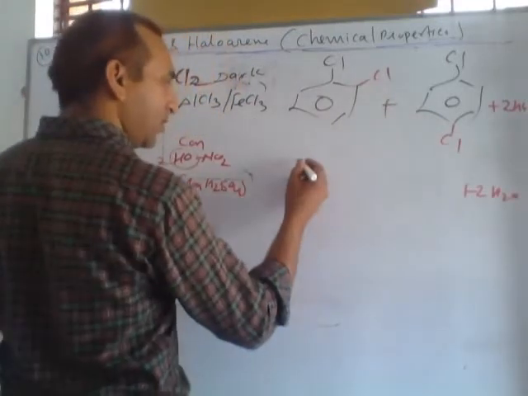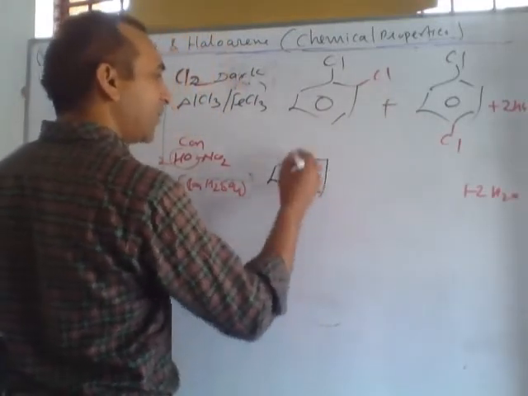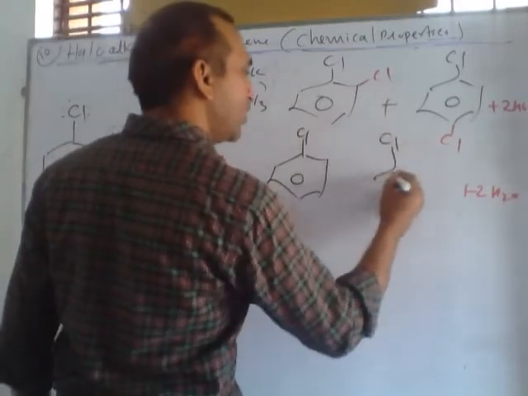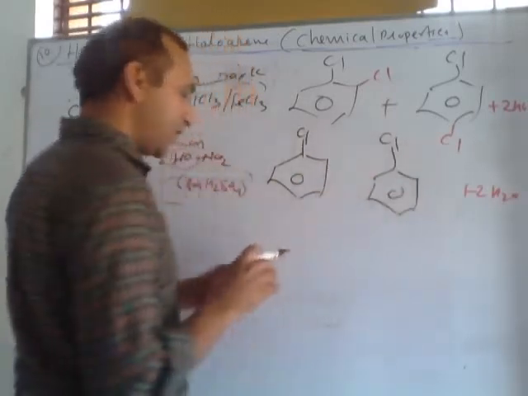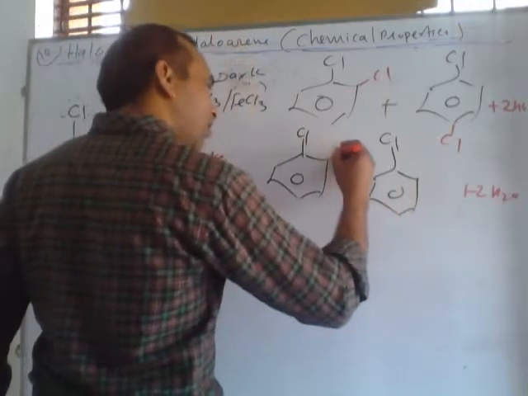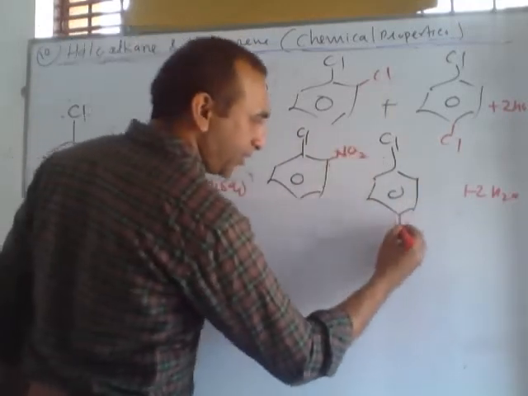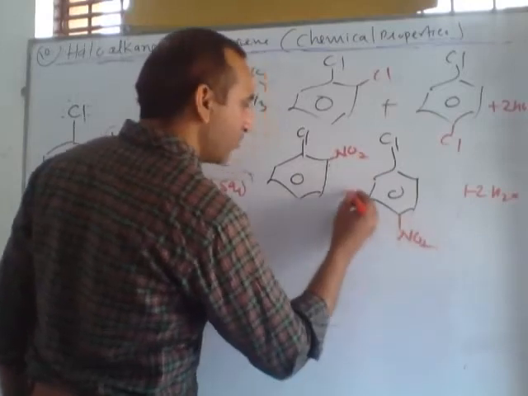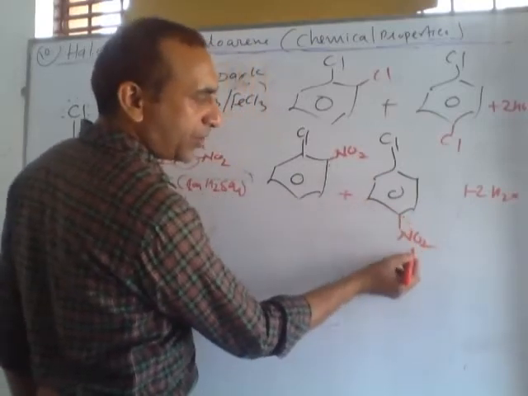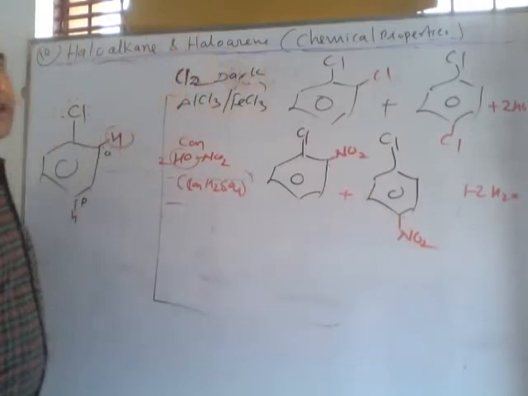Can you guess the name of these two compounds? In the first compound, on the second carbon, the ortho carbon, the nitro group will join, and in the second compound on the fourth carbon the NO2 nitro group is connected.